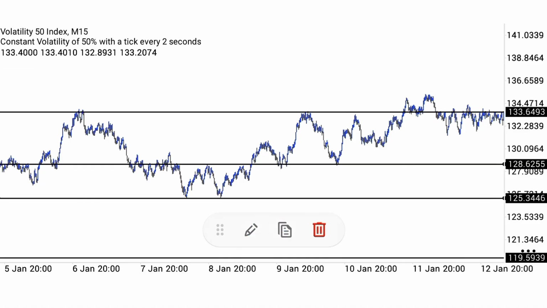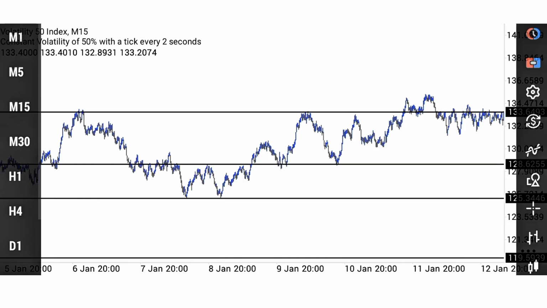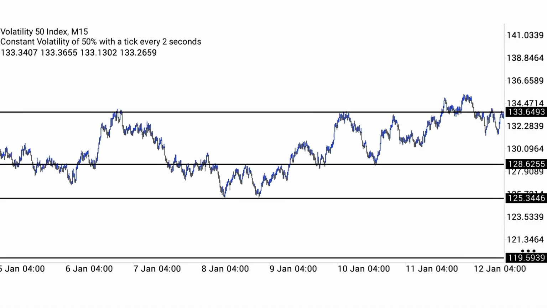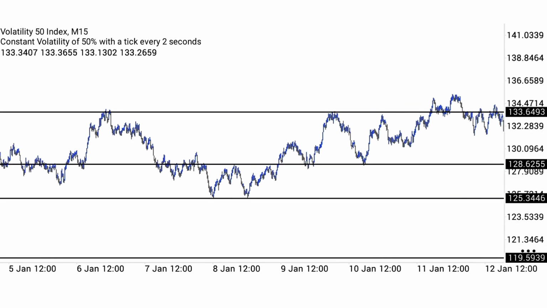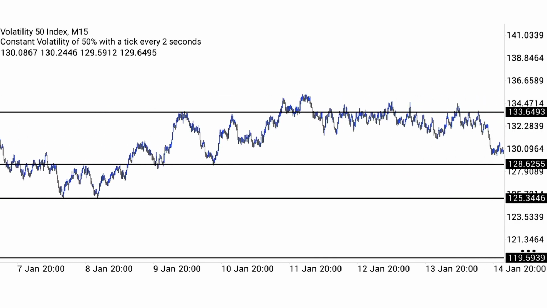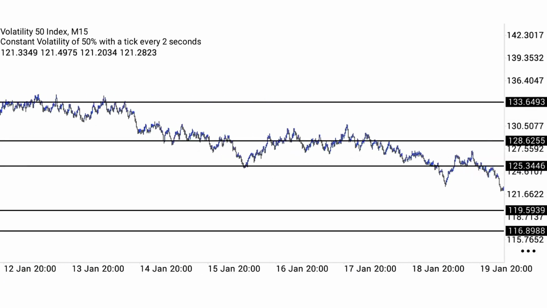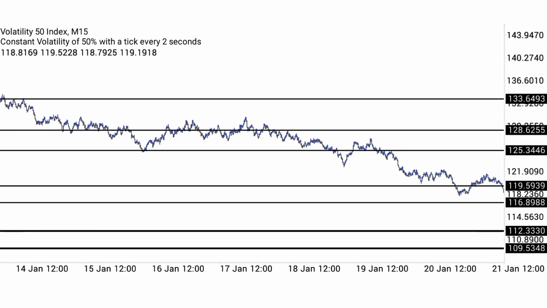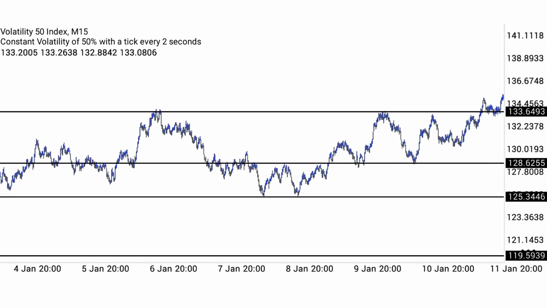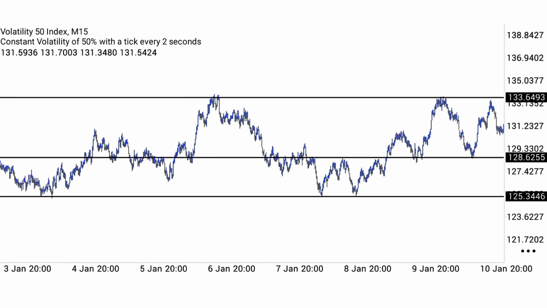So now we have three good support and resistance lines at strategic areas in the market. So you see, these are strategic areas. All right, now let's see how we can use this support and resistance to trade. Let's see how we can trade with them.